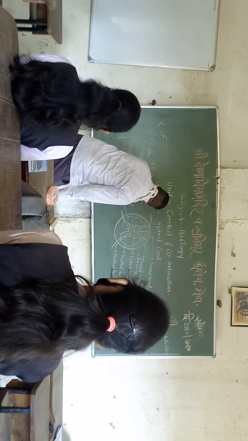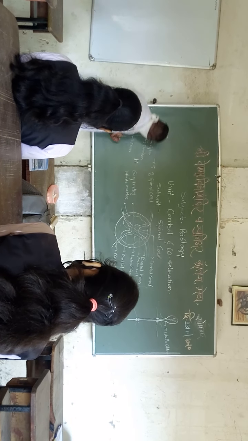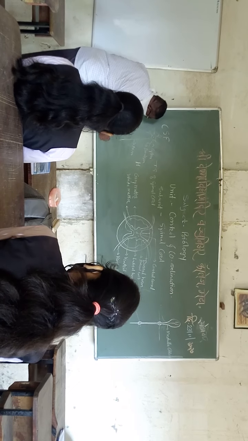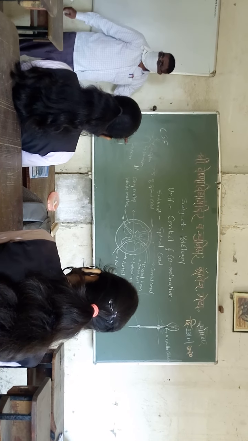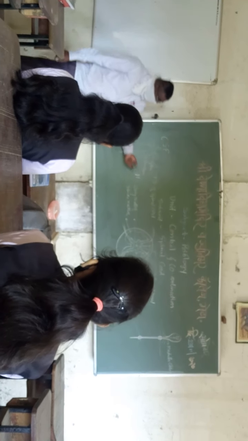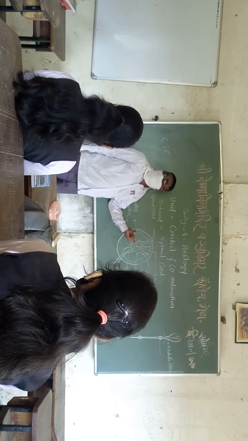In the gray matter, cyton is present, and white matter contains the axon and dendron, meaning nerve fibers. Indirectly, the nerve fibers make up white matter. In the white matter, the nerve fibers are present, and due to that, it looks white.